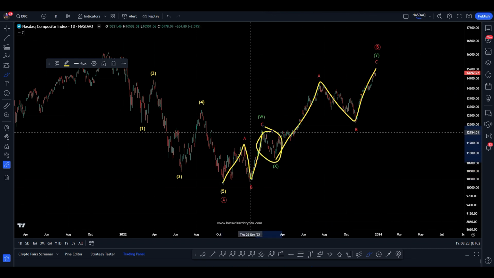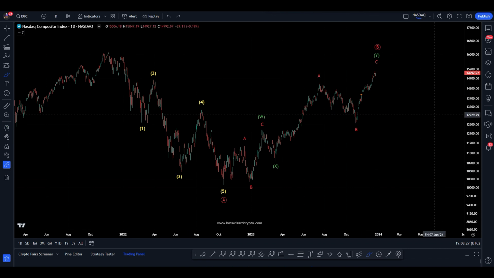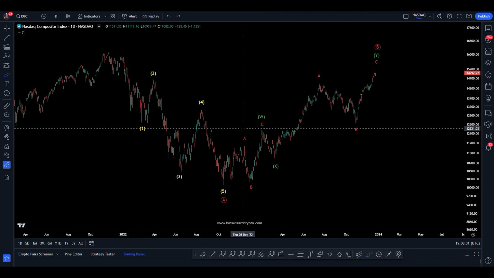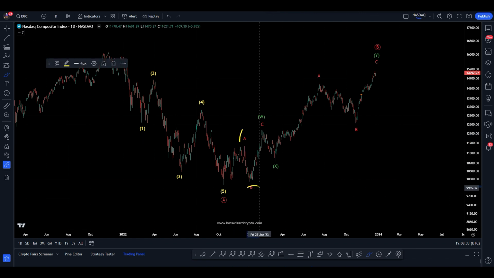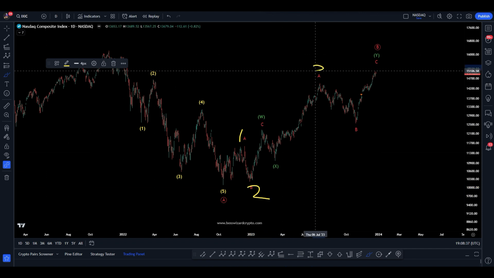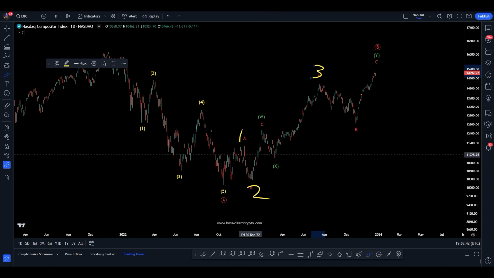I can't go 1, 2, 3 like this, because you don't have enough waves. You have this to contend with, and then that's an impulse. That's a 3-wave move. You can't. That's not a 3, right?